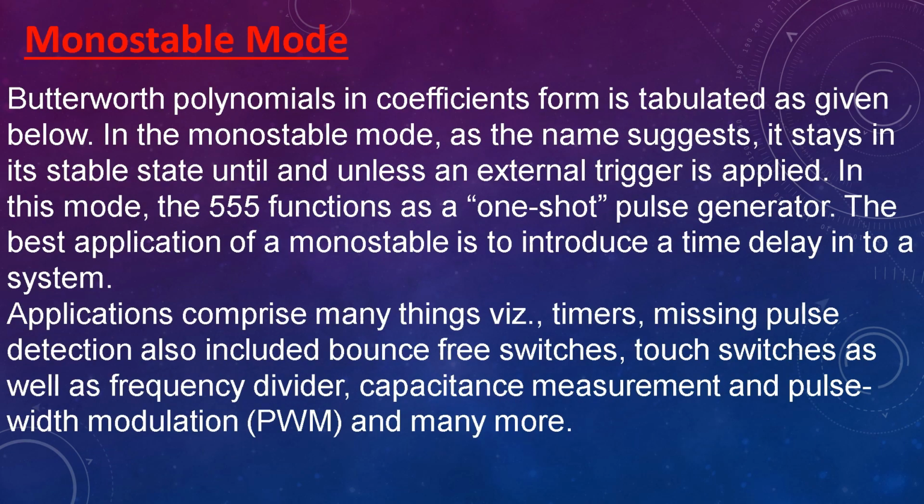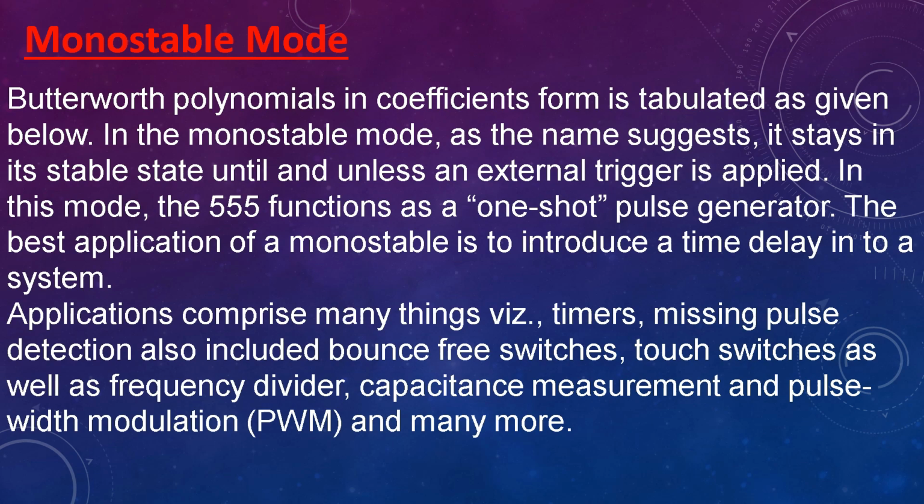Monostable mode. In the monostable mode, as the name suggests, it stays in its stable state until and unless an external trigger is applied. In this mode, the 555 functions as a one-shot pulse generator.